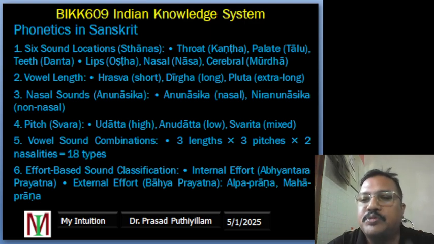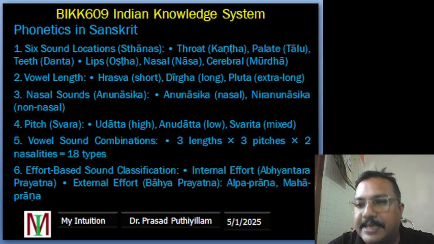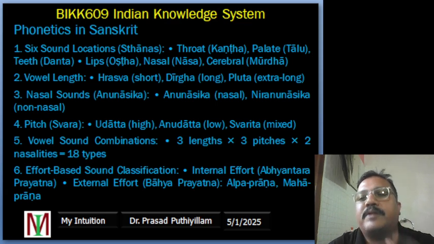When it comes to vowel sound combinations, Sanskrit phonetics is very rich. Each vowel can have 3 lengths, 3 pitch types and 2 nasalities. It results in 18 possible vowel variations.